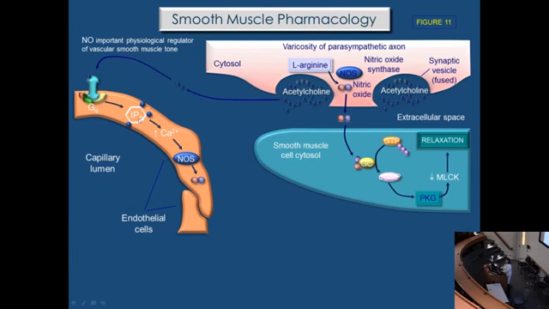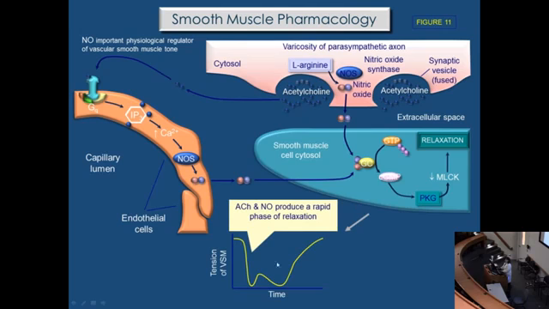This IP3 activates the IP3 receptors with the release of calcium, then calcium rises and then activates the NOS, and this will end with the production of nitric oxide that diffuses and also reaches the smooth muscle cell. So here I have the temporal course of these actions, the ACh and the NO, that produces a rapid phase of relaxation.